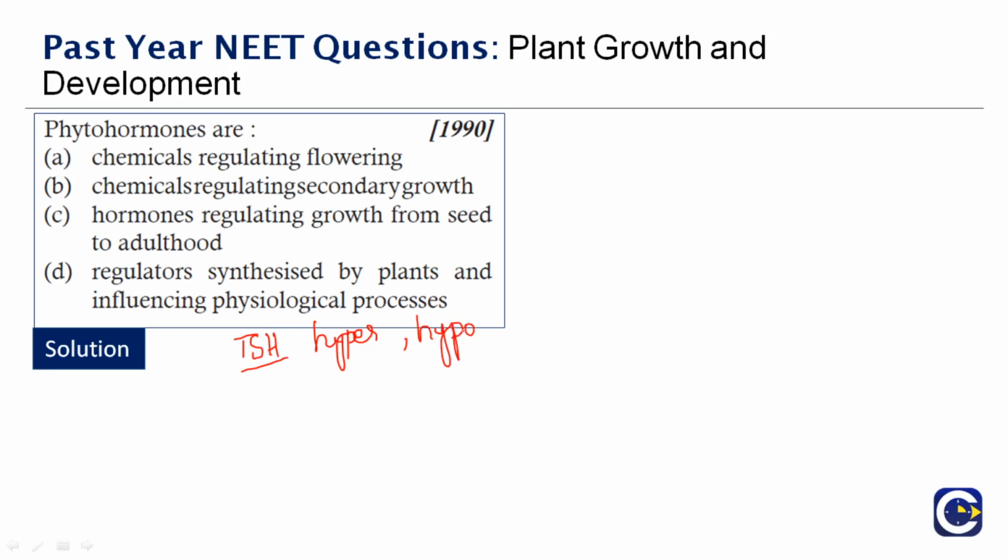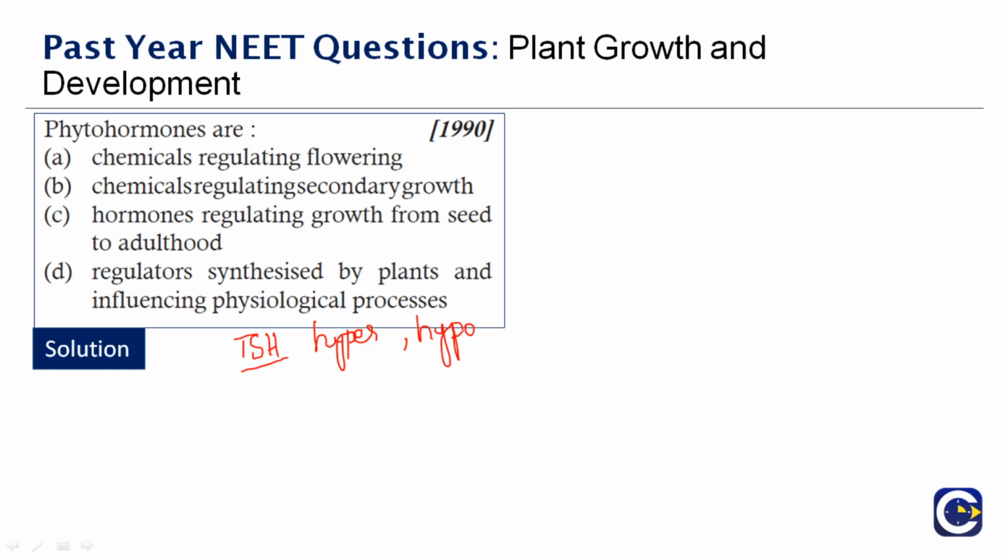So what does a phytohormone do now? They are regulators synthesized by the plants, and they influence the physiological processes, as we observe in our body. We have growth hormones which regulate the growth of our body. If it is not produced correctly, or if there is an imbalance in the production, you show retarded growth, or you will show hyper growth.